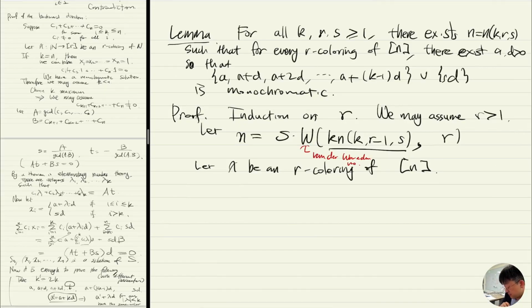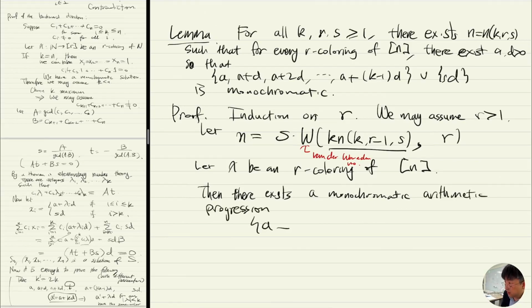So if I color the first W integers by r colors, then there exists a monochromatic arithmetic progression, let's say a plus i d prime, where i is from 0 to k times n of k, r minus 1, s.